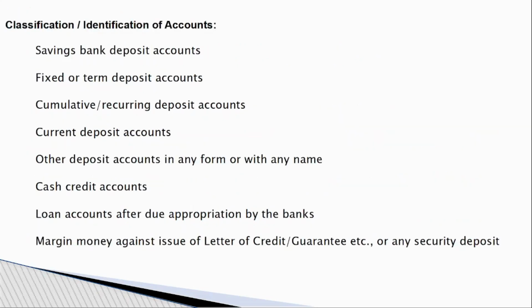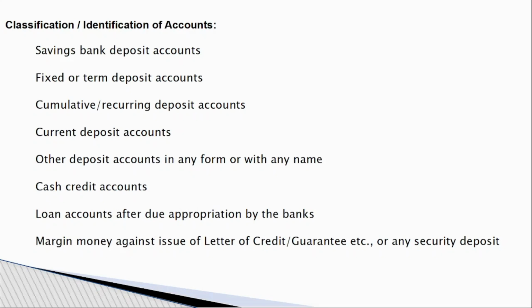So what are the different accounts that can be transferred to the DEAF fund? Savings account, fixed deposit and term deposit, recurring deposit, credit balance, current deposits, other deposits. Some banks have different names for the FD. Whatever the credit balance, that should be sent to DEAF.